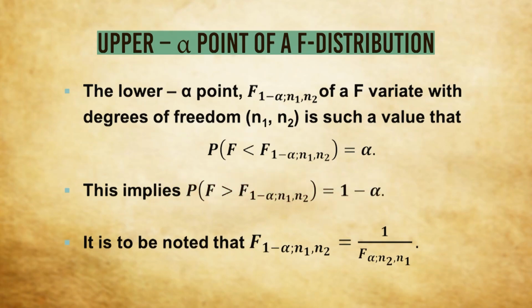Now again we will come back to the reciprocal property that F1 minus alpha n1 n2 is equal to 1 by F alpha n2 n1. We can see when we will apply F distribution in particular sums, in testing of hypothesis, in interval estimation, we will require both upper alpha and lower alpha points. Now the reciprocal property of F distribution enables us to express the lower alpha point in terms of the upper alpha point.